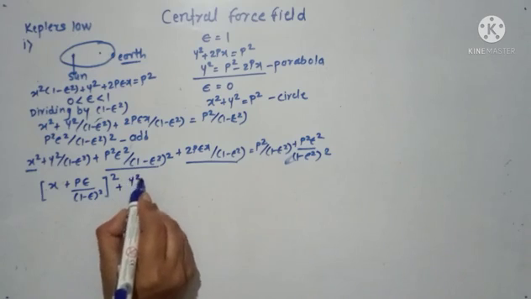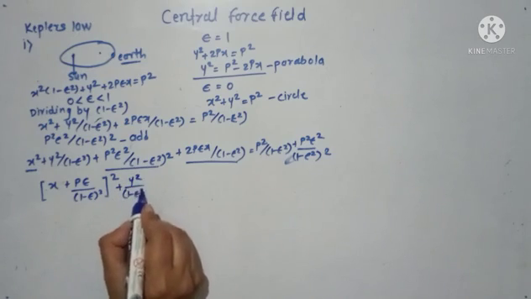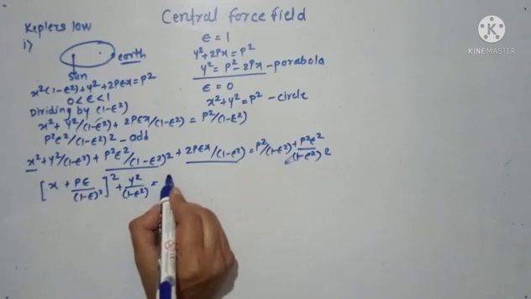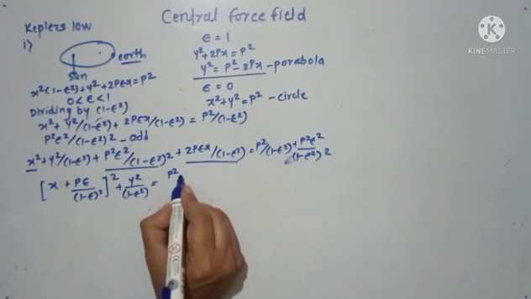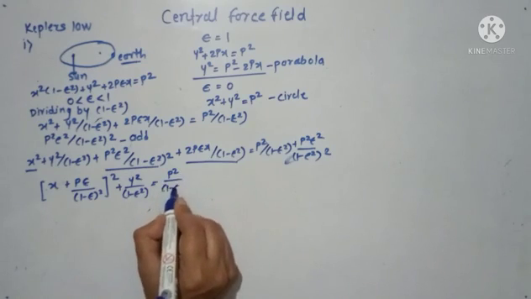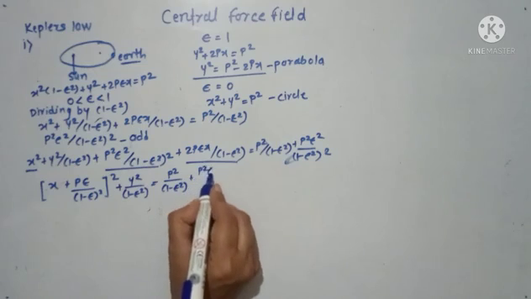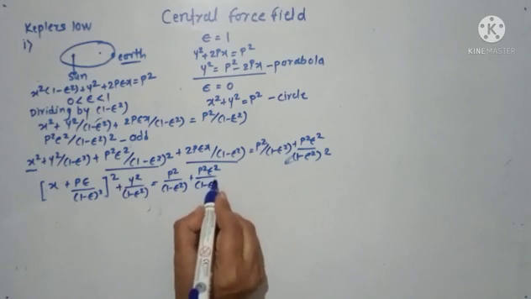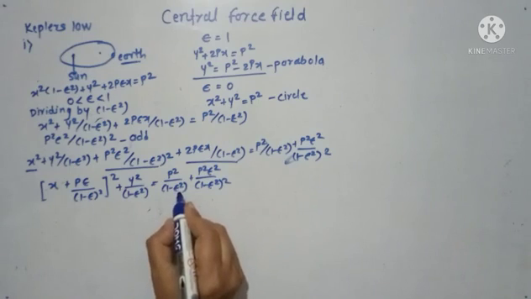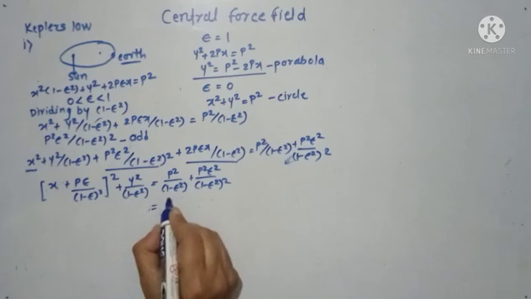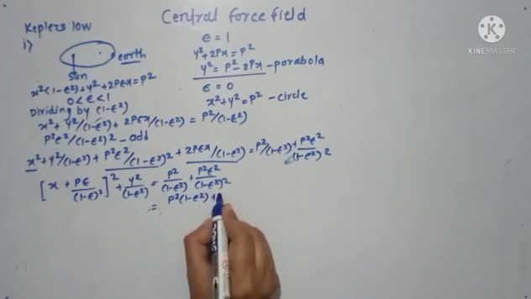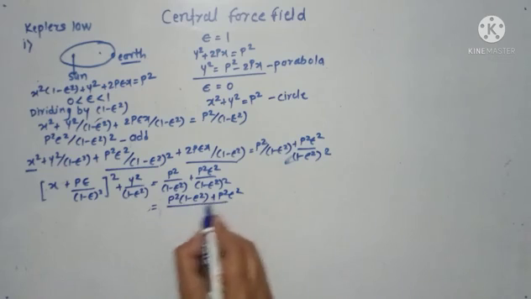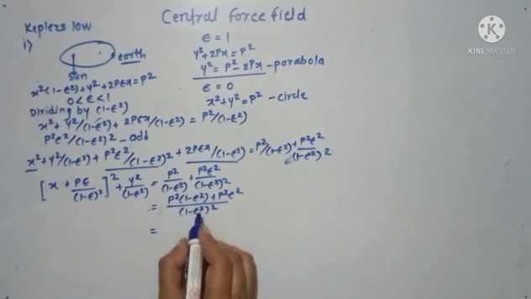So y²/(1 − ε²) equals p²/(1 − ε²) plus p²ε². Let me multiply this by (1 − ε²), so it will be p²(1 − ε²) plus p²ε²/(1 − ε²)². Let me first write down the right hand side: p² − p²ε² + p²ε²/(1 − ε²)².